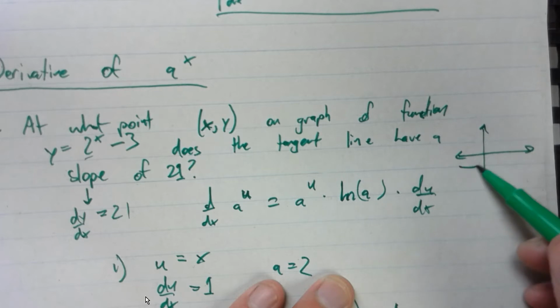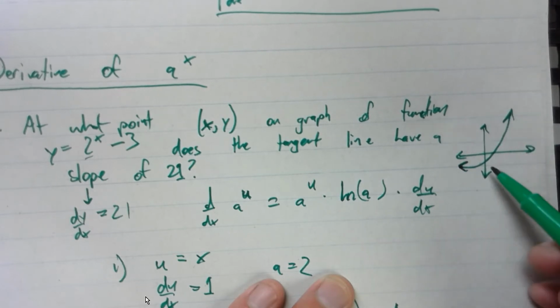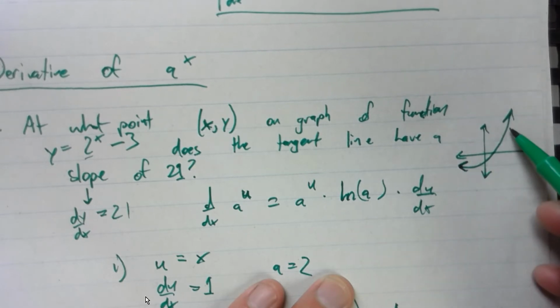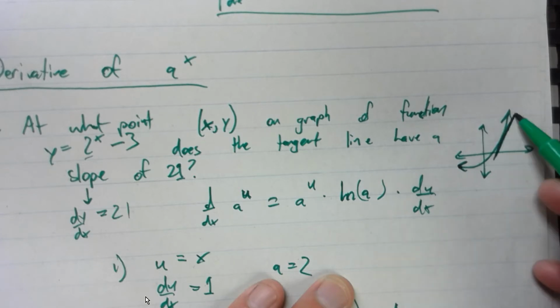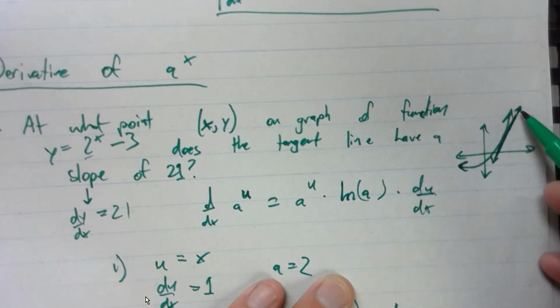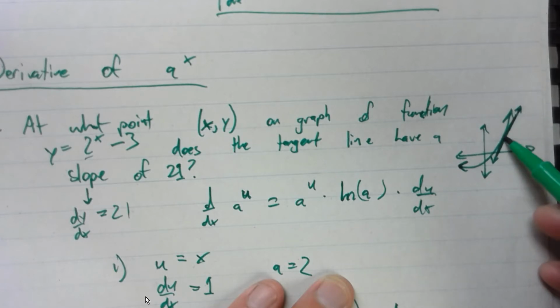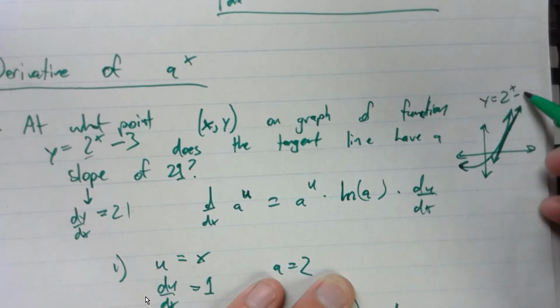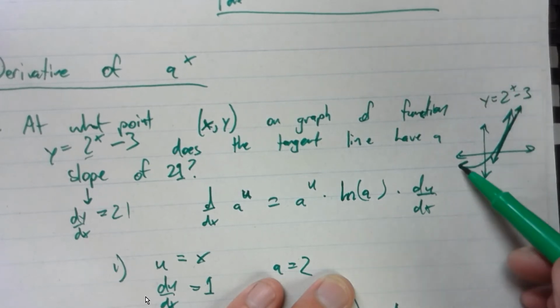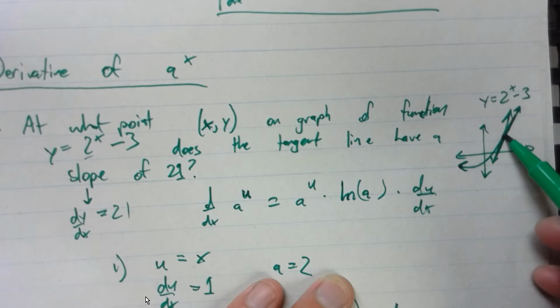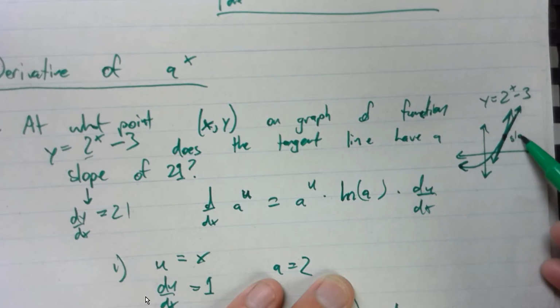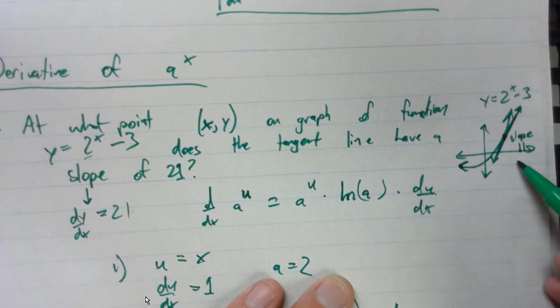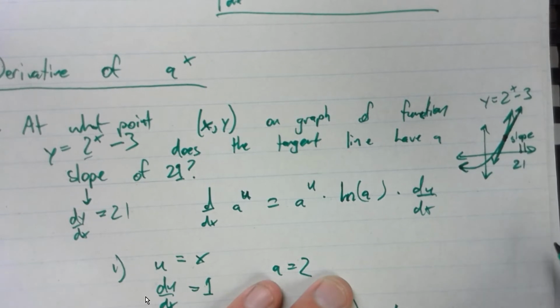At some point, the tangent line that touches this curve, y equals 2 to the power of x minus 3, will have a slope, and that slope at that individual point is going to be equal to 21.